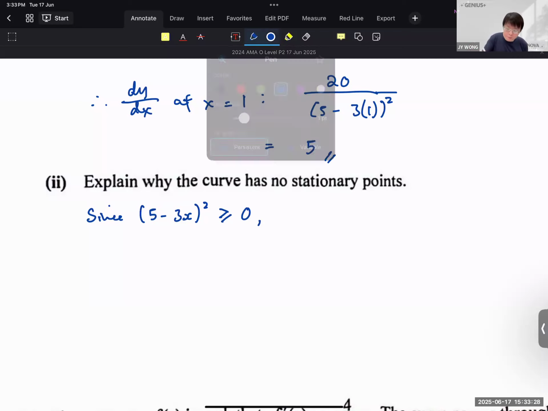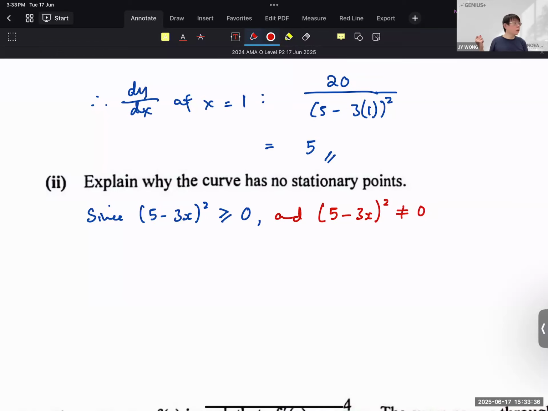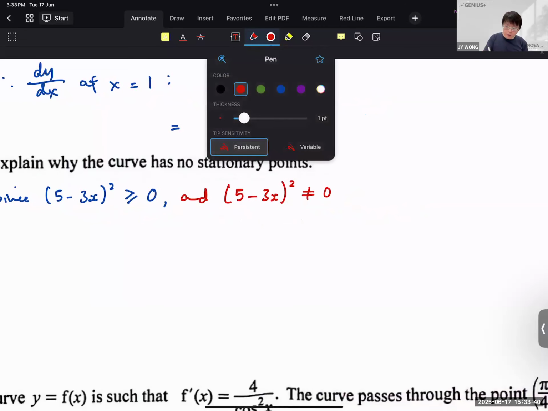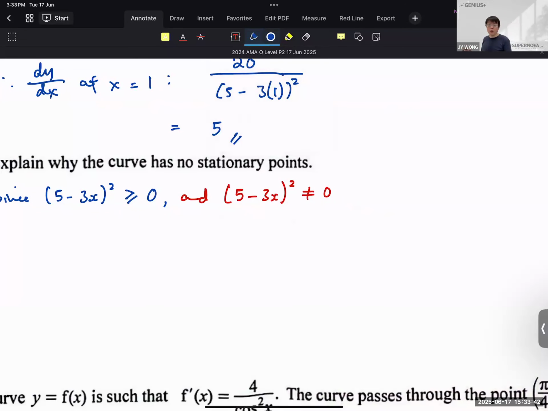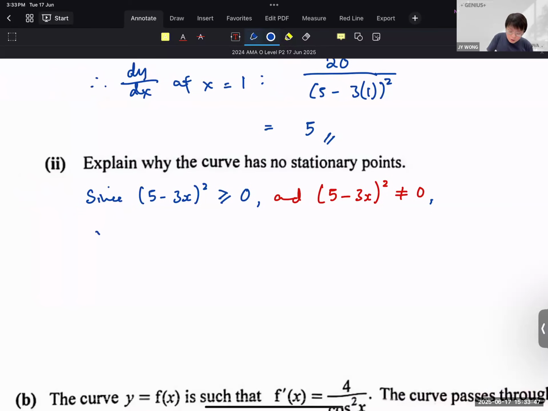And then what's the next part? And (5 minus 3x) whole thing square cannot be equal to 0. Agree? Why cannot be equal to 0? Because it's a denominator. Denominator cannot be equal to 0. dy/dx is always greater than 0.